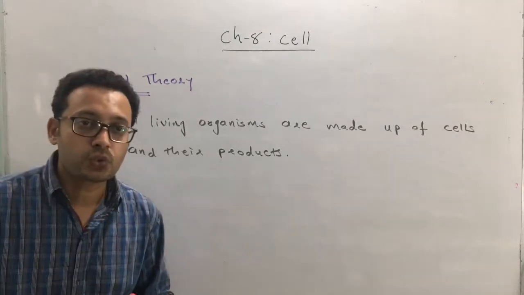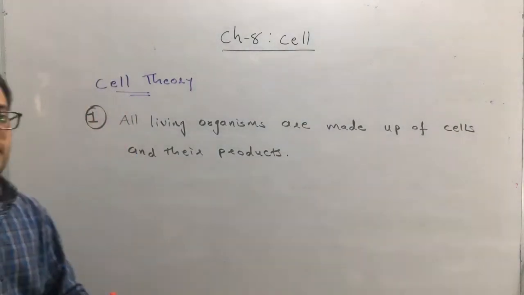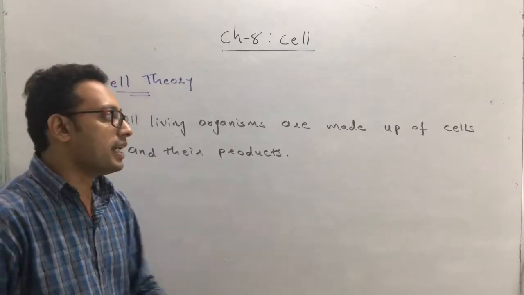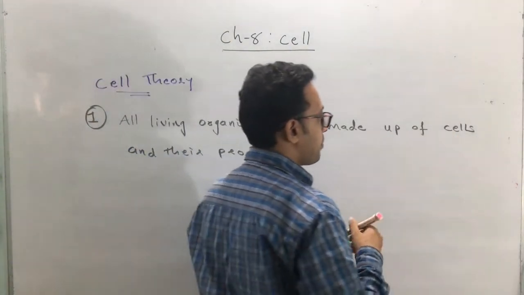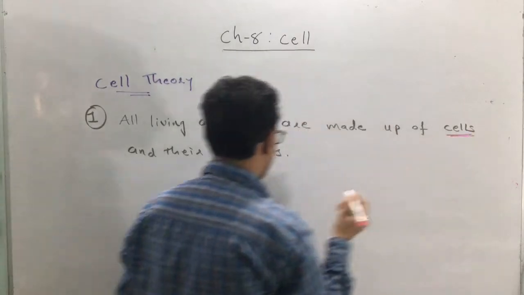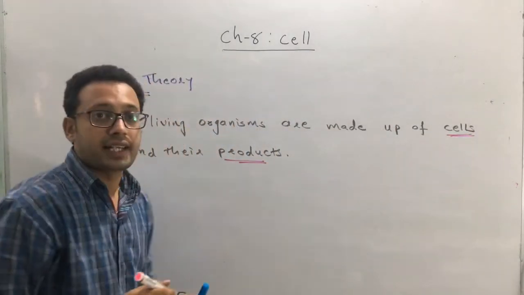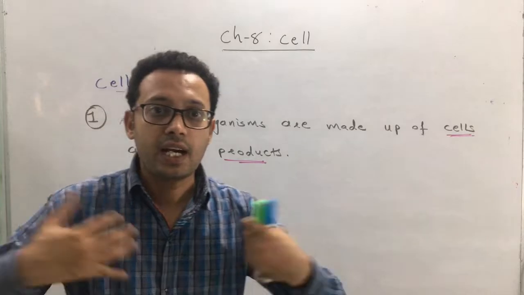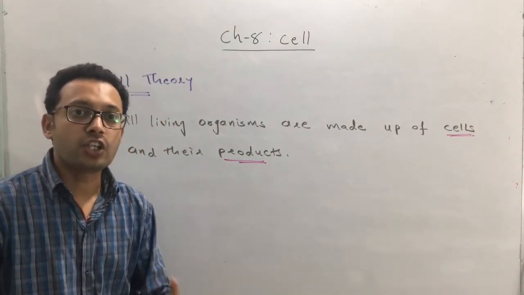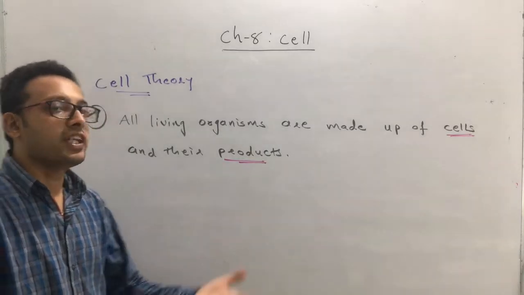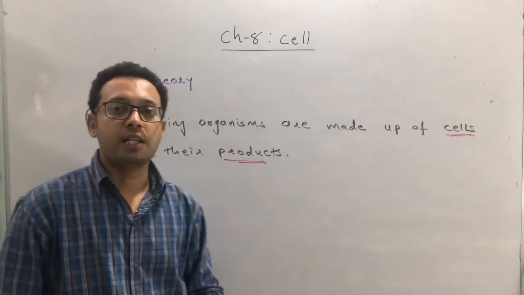That means it wants to say that all living organisms, whatever they may be, are made up of cells and their products. See the examples. We are living organisms. We are made up of cells, but we are not made up of only cells. We also contain some cell products.